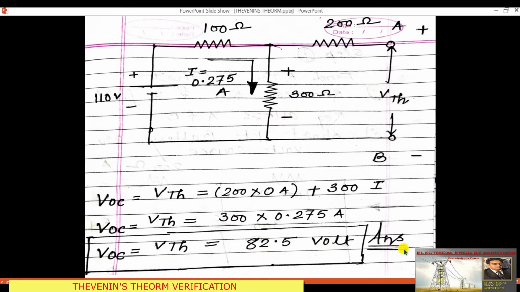This is our answer, the Thevenin's voltage.